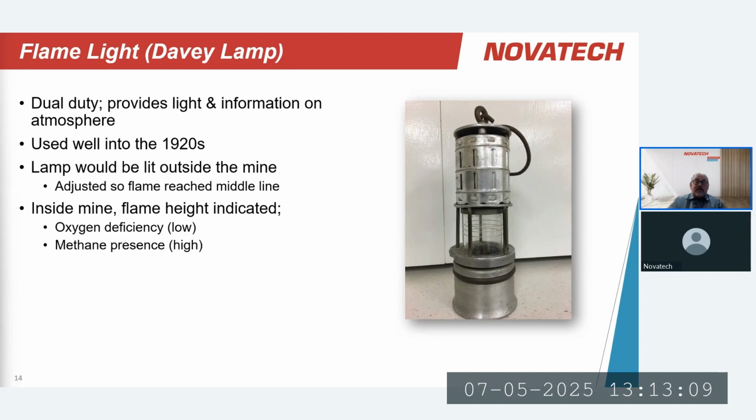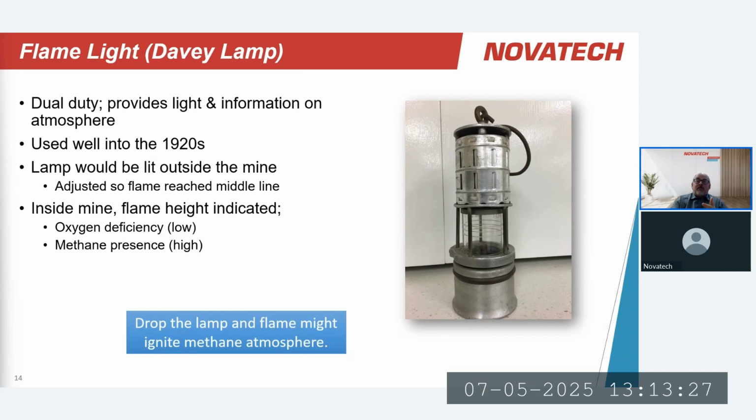And it could have been something like carbon monoxide. It could have been H2S. You would think carbon monoxide would lift the flame as well, but these were early primitive methods of detecting hazards and pseudo-quantifying them to some degree.